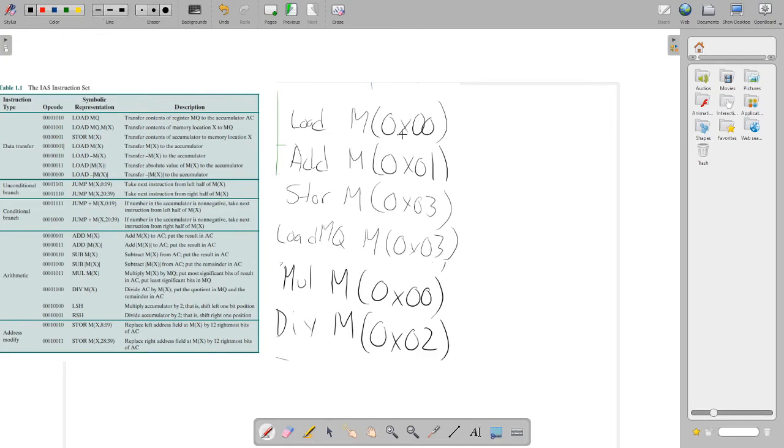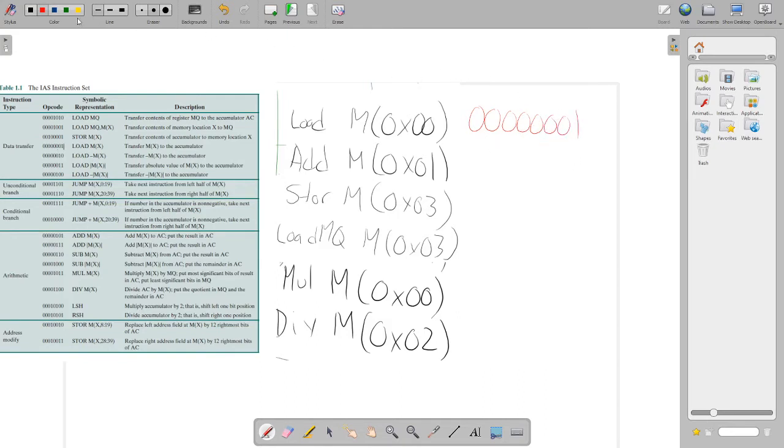So load memory address whatever is this opcode right here, this one. So it's 00000001, and then I think that's just a squiggly. I think it's just 1. So the actual program would be 0 0 0 0 0 1 2 3 4 5 6 7 1.